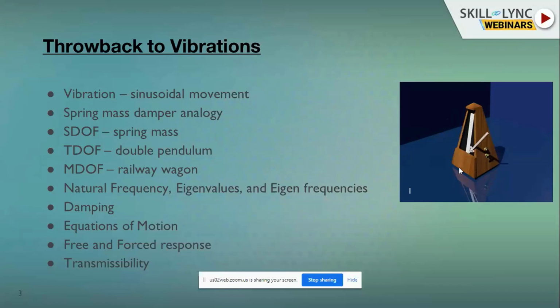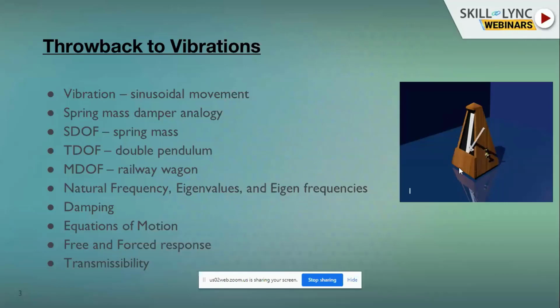Then some terminologies which we learned with respect to vibrations were natural frequencies, then damping, different equations of motion, and the different types of free and forced responses. All of them are nothing but means to characterize the vibratory system. Natural frequencies define the characteristic moments of the system.